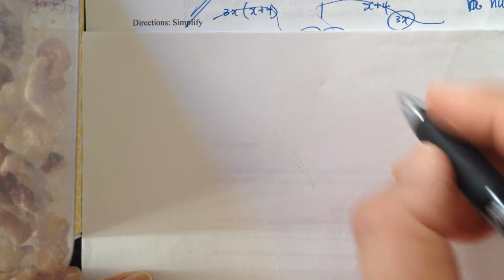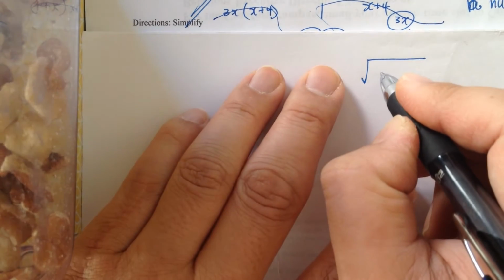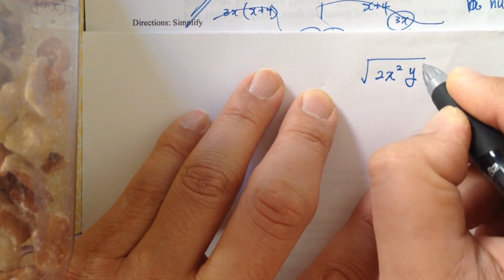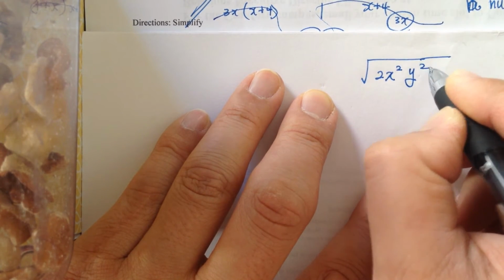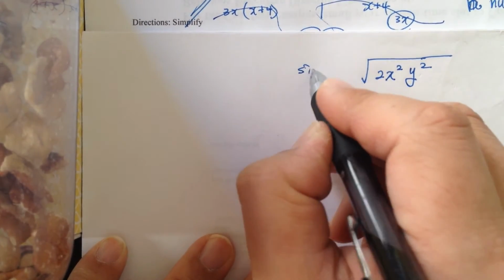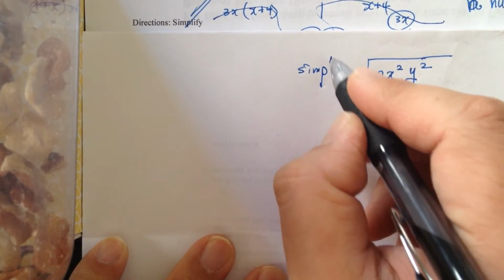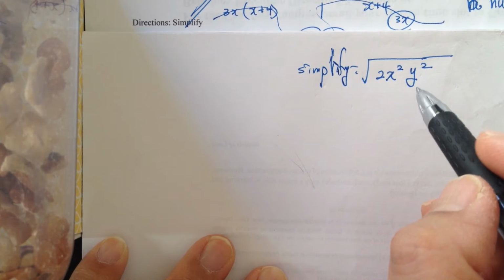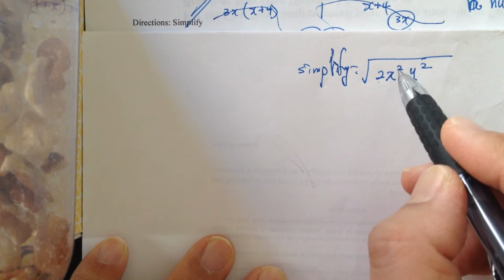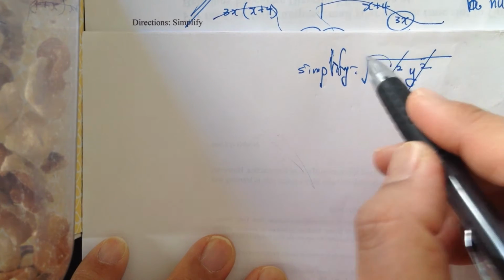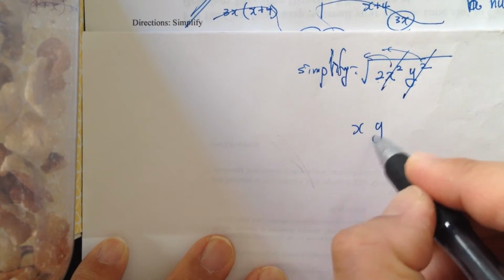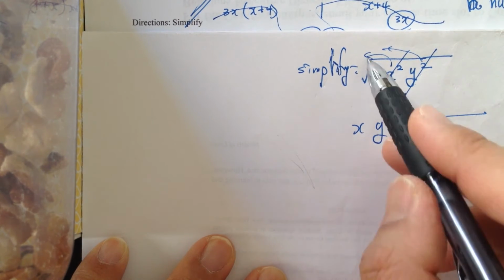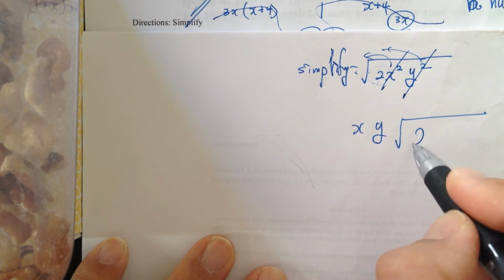The idea here is when you see something like this and we need to simplify, then what we need to do is make sure whoever has an exponent of square has to come out. Okay, so the leftover inside of that radical is going to be 2, and that will be the end.